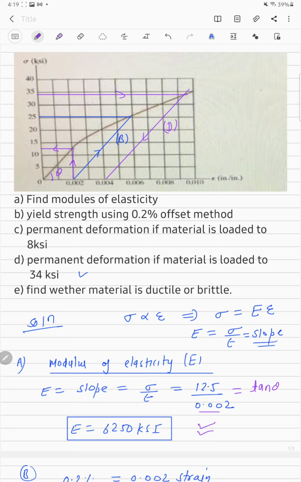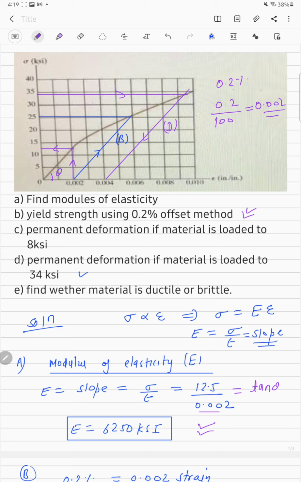The first part we have covered. Now in the second part, yield strength using 0.2% offset. This is a very important concept. What is the meaning of 0.2% offset? In 0.2%, how much strain will there be? 0.2 divided by 100, it will be 0.002.